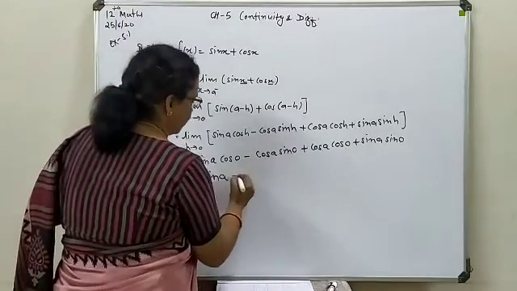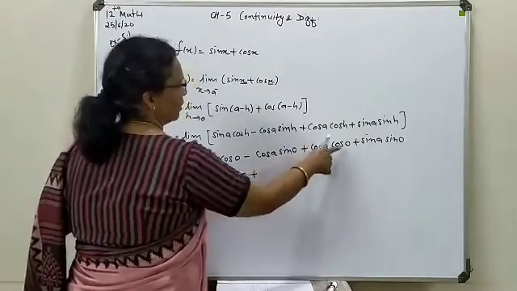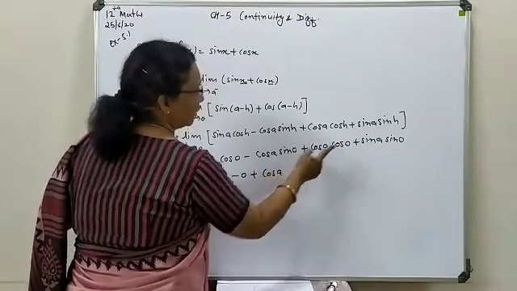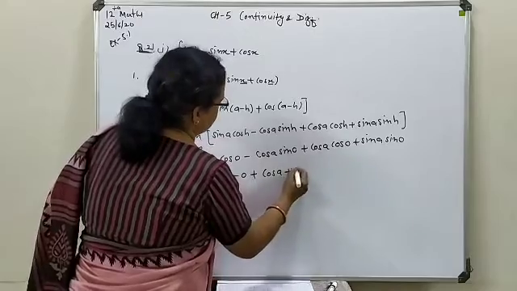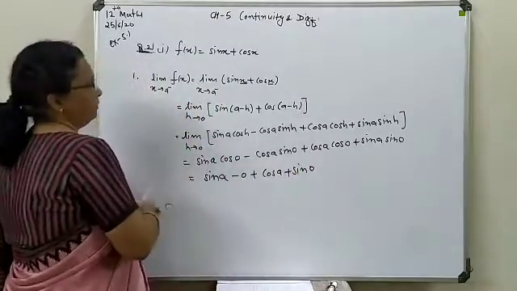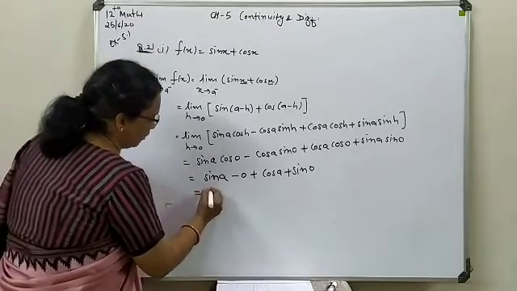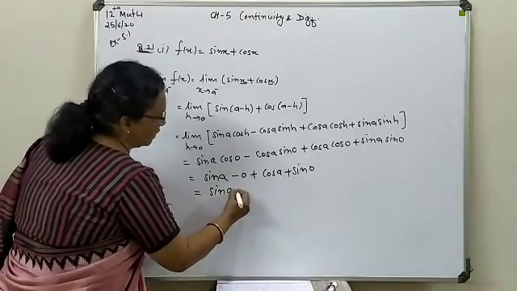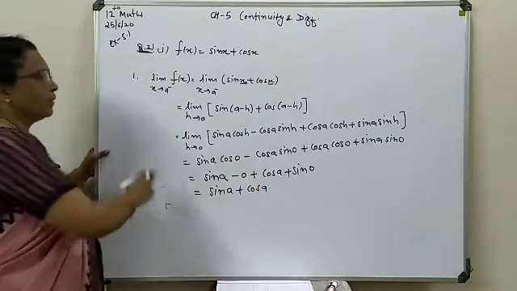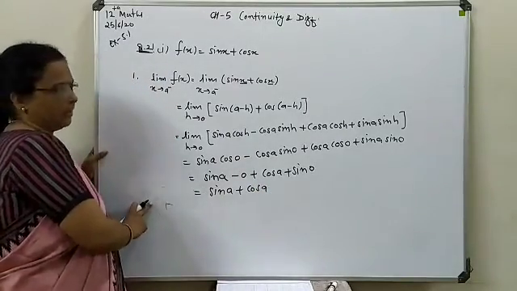Sin 0 means 0. Then plus cos 0 means again 1, and sin 0 means 0. So the solution of this one you are getting is sin a plus cos a. So this is the left limit solution.